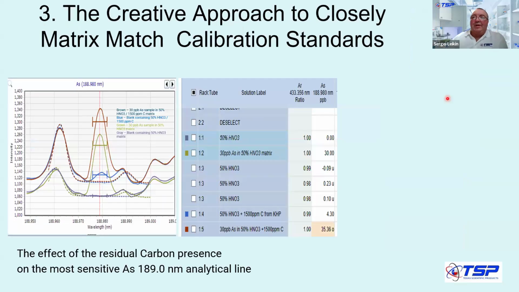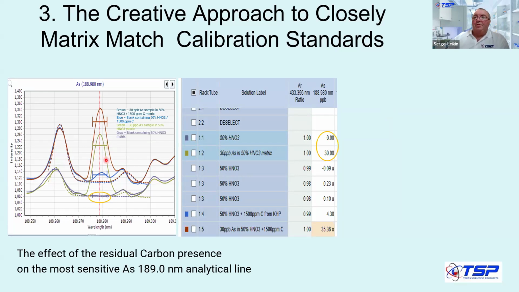And here is what happens spectrally, right? You start to run, and a critical element here is arsenic. Arsenic is not one of the best elements for detection limits in ICP emission, and on top of it, you have this quite complicated spectral background. In just pure nitric, everything looks flat and clean, and then the spike recovers 30 ppb.